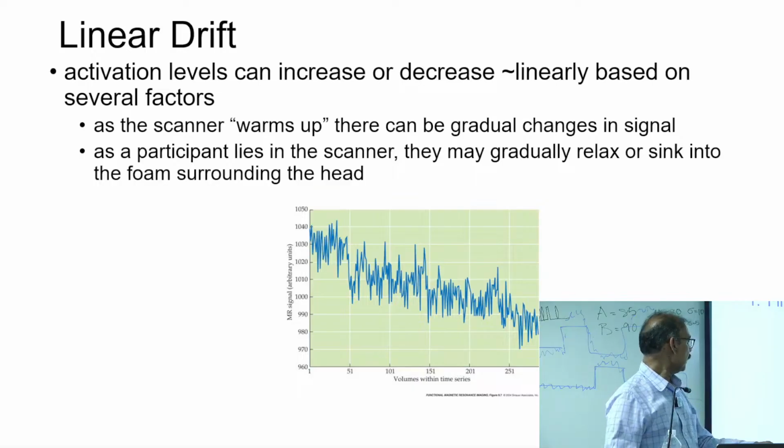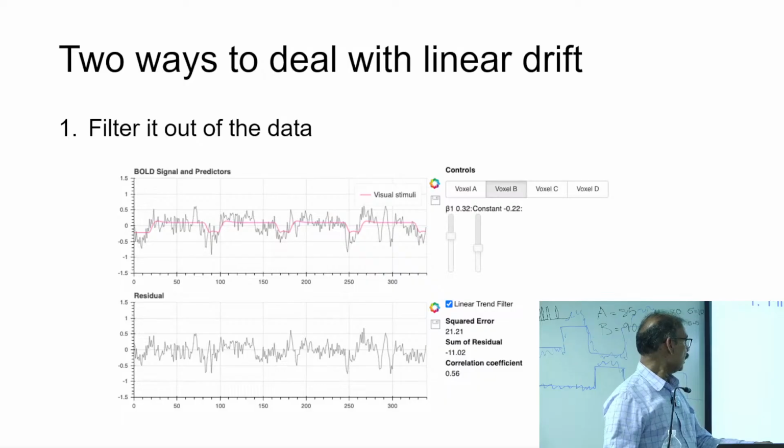Right? So in this case, what you can then do is remove the trend and then look at the signal again, right? So you have basically removed a linear trend. And so this would fit with the signal better, right?